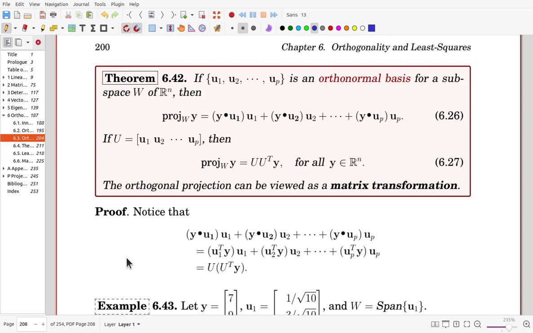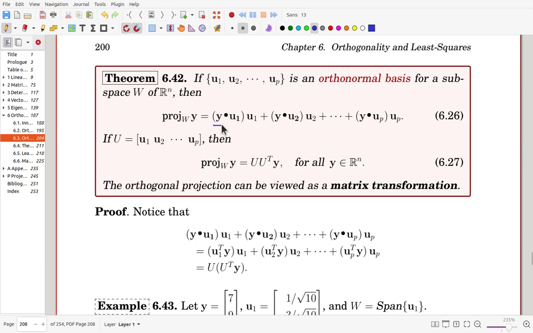If u1 to up, the set of these vectors, is an orthonormal basis for a subspace W of Rn, then the projection of vector y onto W can be written in this way. That's the formula. And right now, these vectors are orthonormal vectors, so length 1.